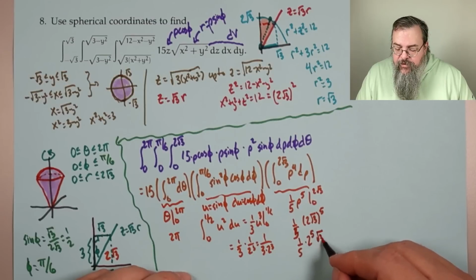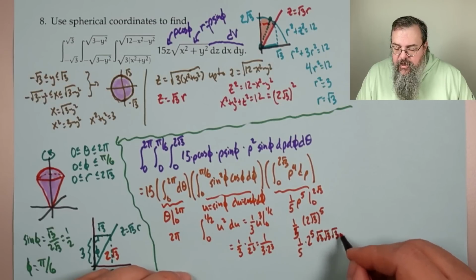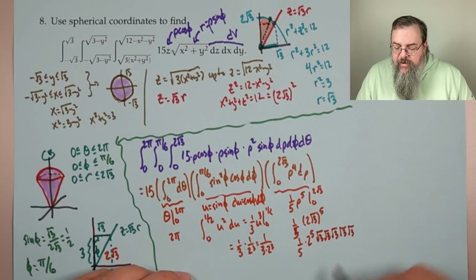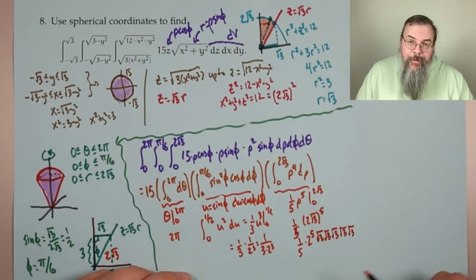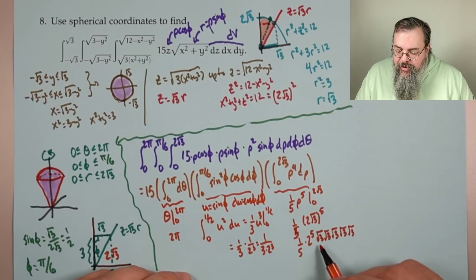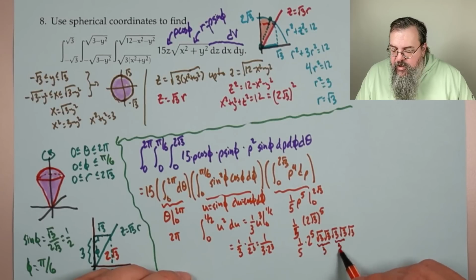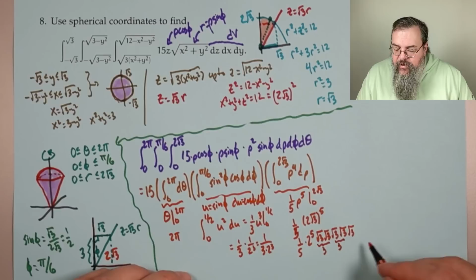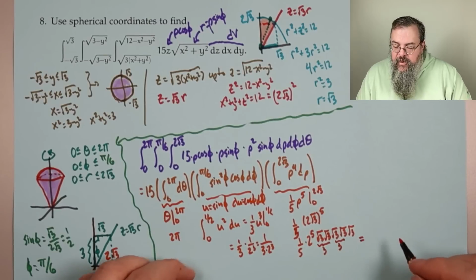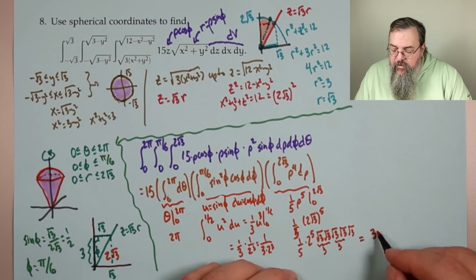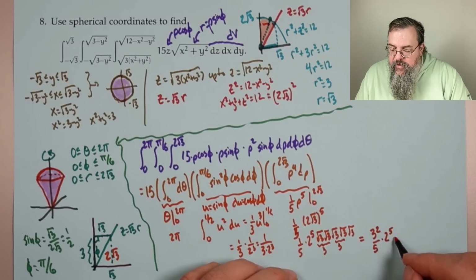Now, if you think of root 3 to the 5th, it's like root 3 multiplied together 5 times. Normally we don't write it out this way, but notice what we can do. We have a root 3 times a root 3 times a root 3 times a root 3 times a root 3. So that's a 3, that's a 3, and that's a root 3. So this is the same as 3 squared over 5 times 2 to the 5th times root 3.